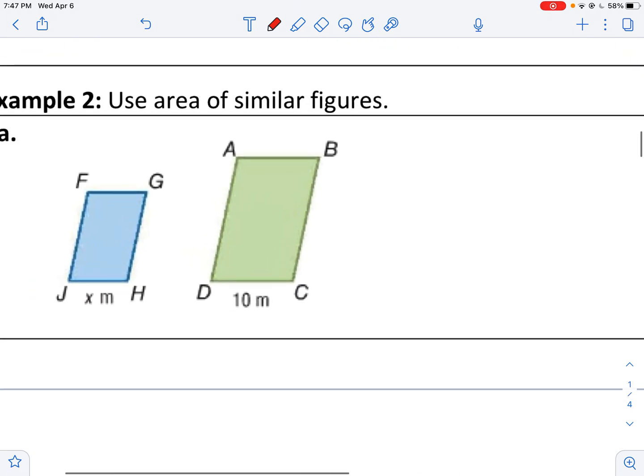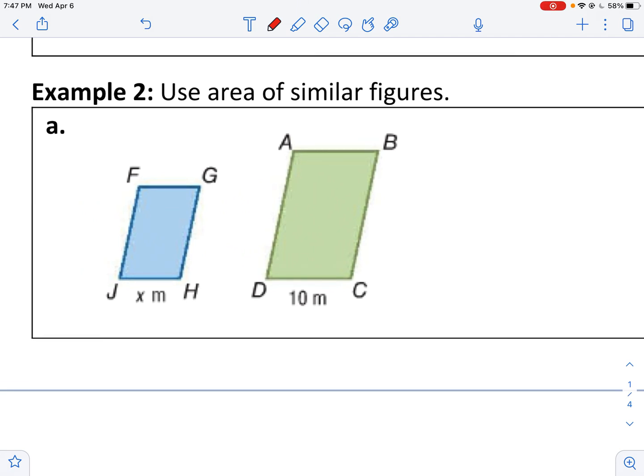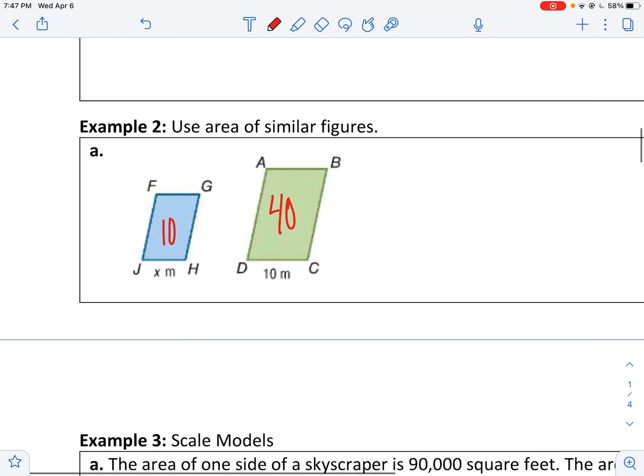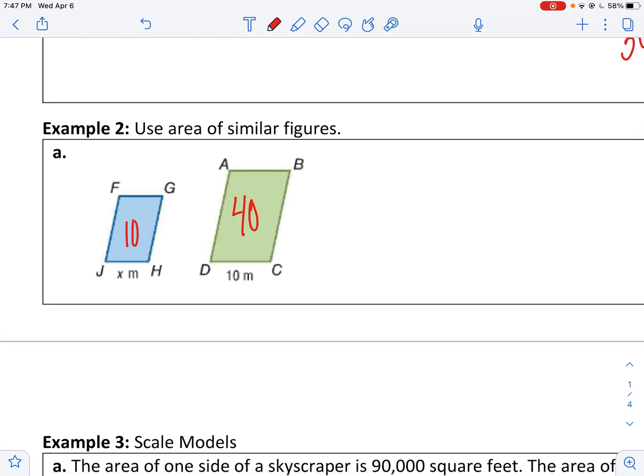And lastly here, if I'm finding the area of the similar figure, let's go with 40 and 10 again. Then what I need to do is find the scale factor to find out what x is. But all I have is the area of the image. And that would be the area of the pre-image times your scale factor squared.